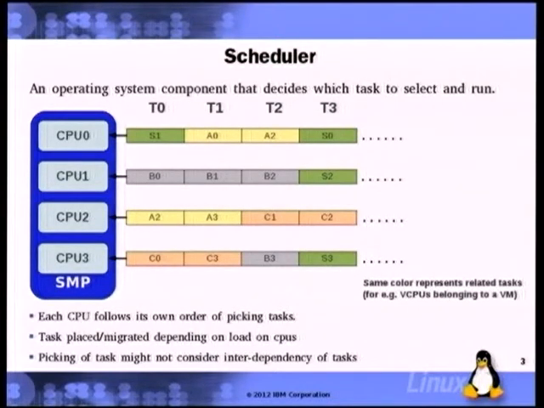One thing we note here is the scheduler does not take into consideration the relation between the tasks. Like suppose there are vCPUs of the same VM. It can happen that all the vCPUs could be placed on one single physical CPU, or the picking of the tasks can be random on different CPUs.